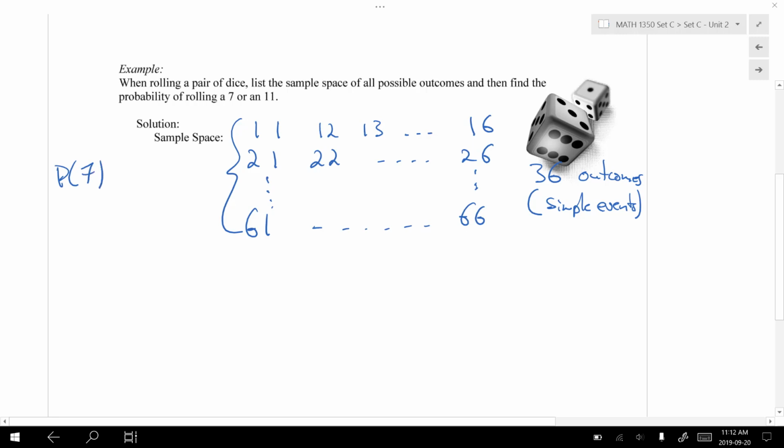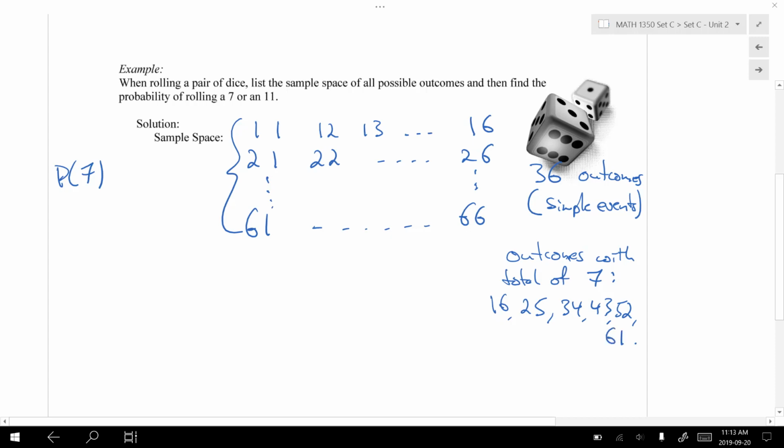Now, the probability of rolling a 7. How many total outcomes have a 7? Outcomes with total of 7. 1 and 6 make 7, and we subtract 1 and add 1 to each. 2 and 5, 3 and 4, and then the flips on the way back. 6 and 1.